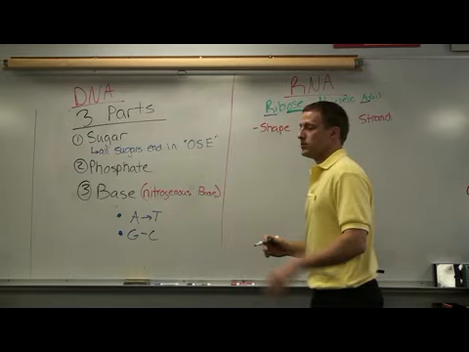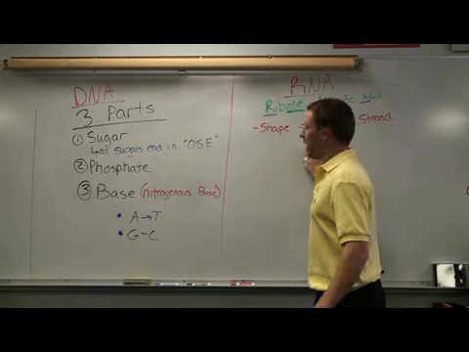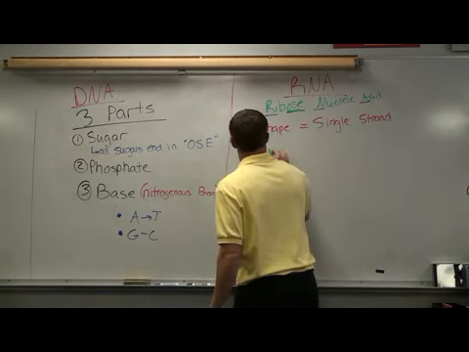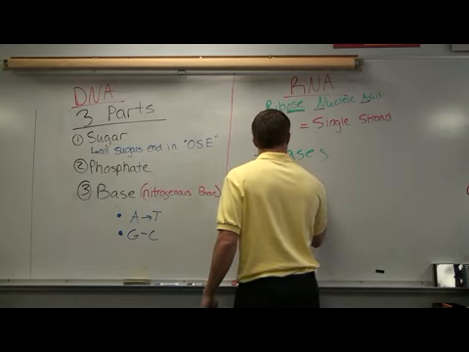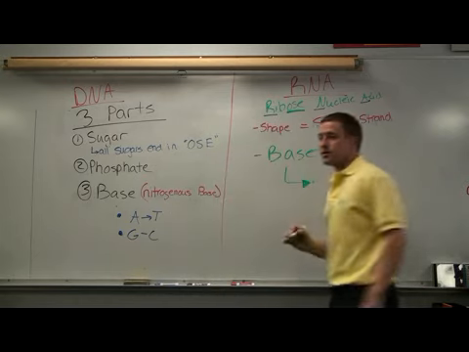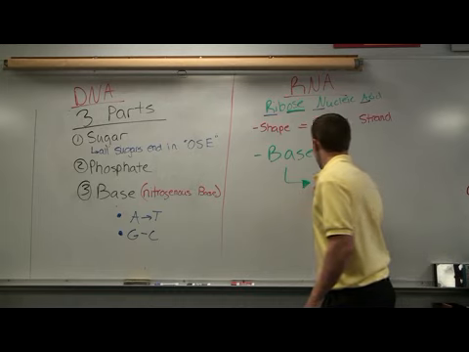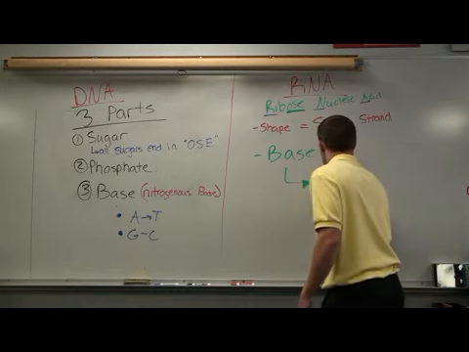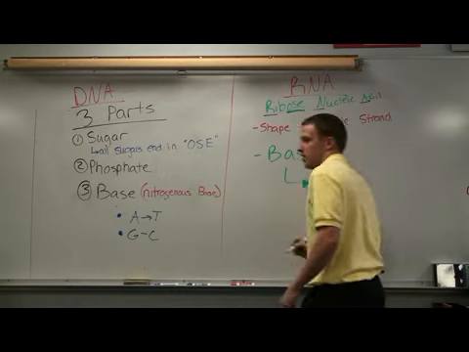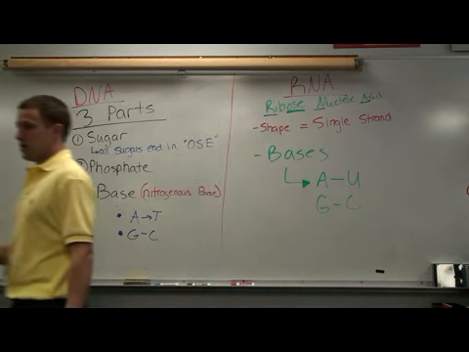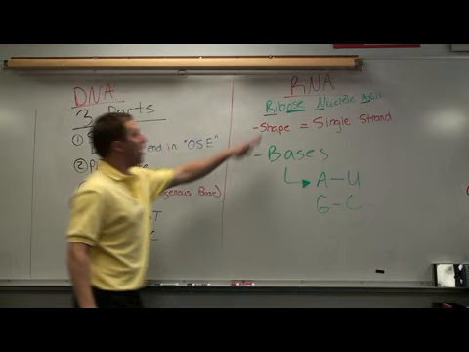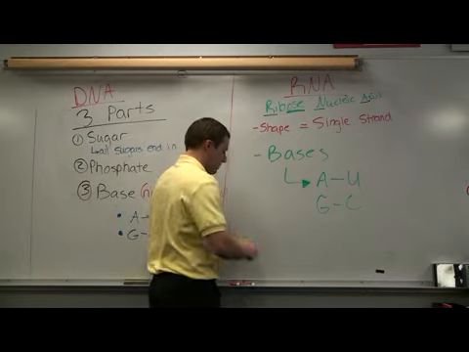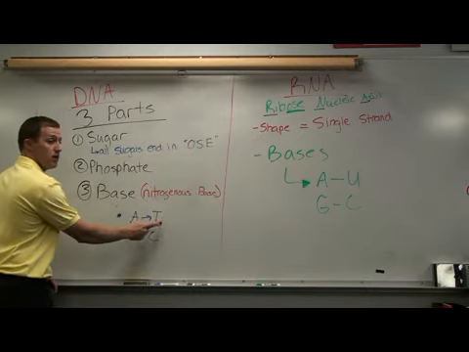Now, on the RNA, the bases are A to U, G to C. So is it A to T? No, it's A to U. So if it's RNA, will it have T's?